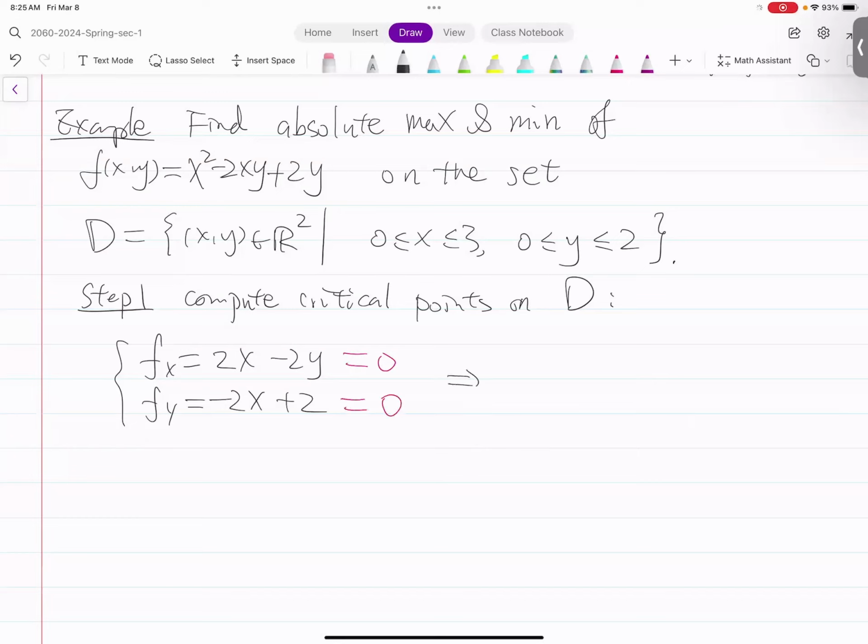And we realize the first equation tells you x must be y, and the second equation tells you that x must be y as well. So there's only one point, which is x equals 1 and y equals 1. So that's the only critical point. So the critical point here is (1, 1), and it's in the domain, right?